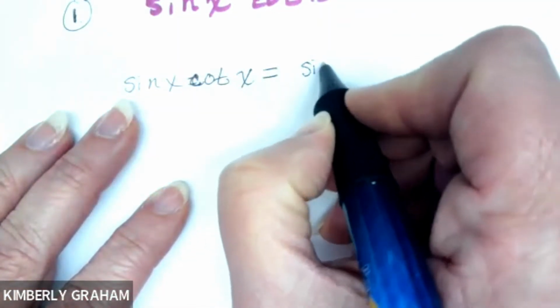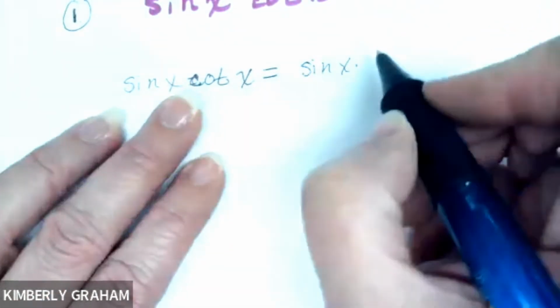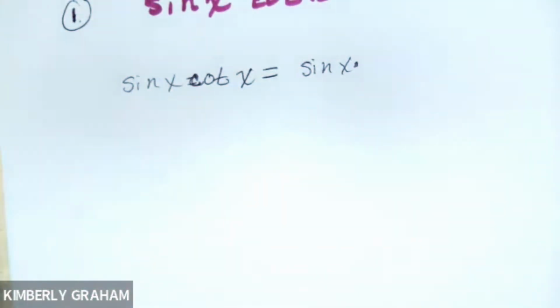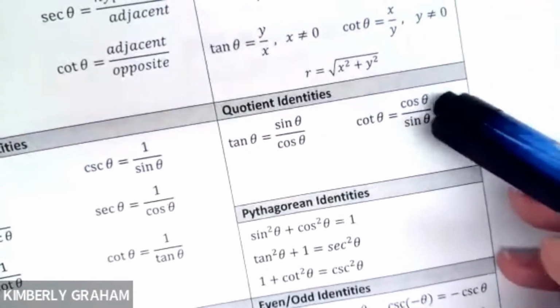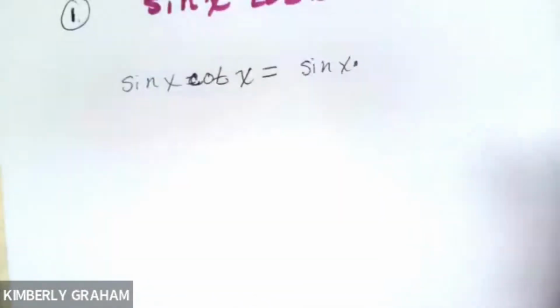So this is going to equal sine x times cotangent. And you could use your reference sheet if you need to. You're probably going to want to keep that reference sheet handy because it has your Pythagorean identities in there. So you can see cotangent is cosine over sine using your quotient identities.